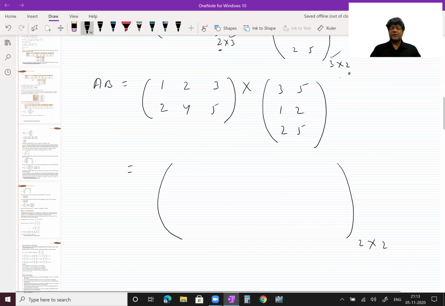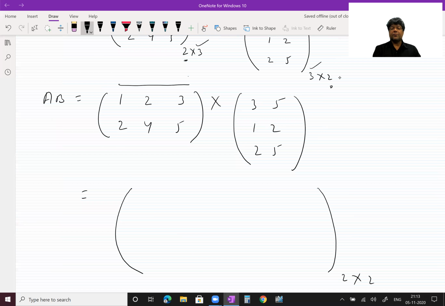How the multiplication will be done? Row by column. Row of first will be multiplied by the column of the second. So what we will do? First row of the first matrix will be multiplied with the first column of the second matrix, one by one. See, first row means 1 2 3, and first column of the second matrix means 3 1 2. So 1 into 3 plus 2 into 1 plus 3 into 2.